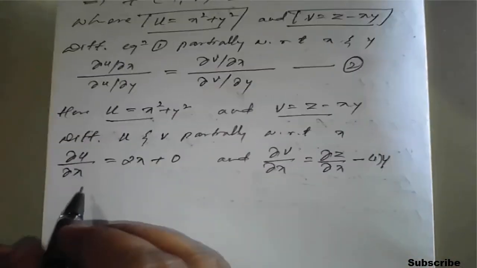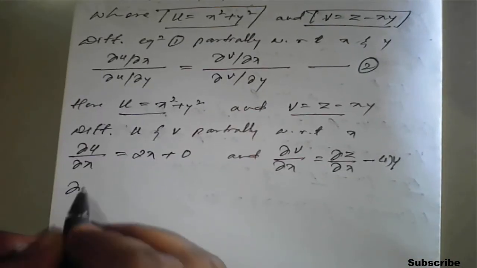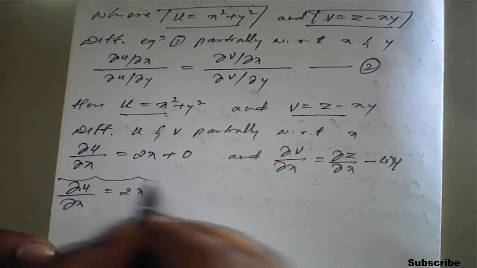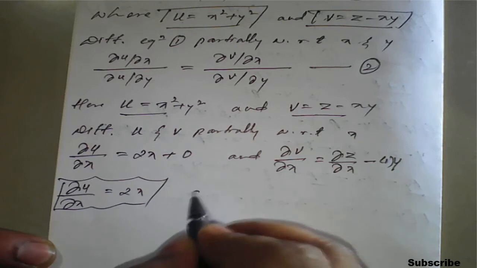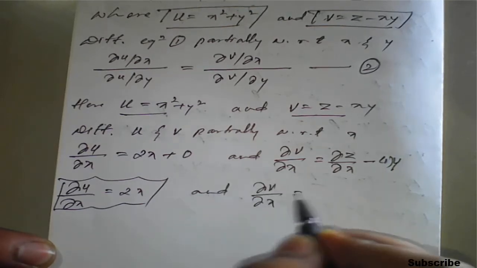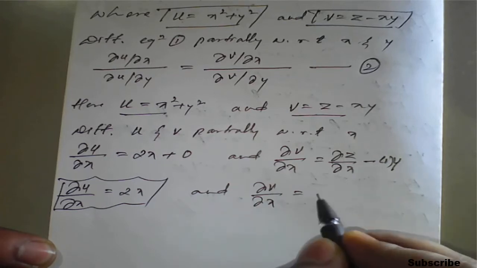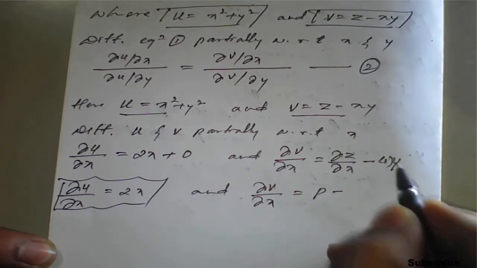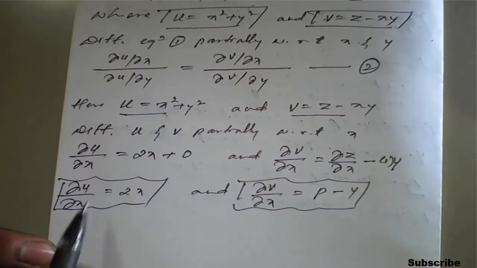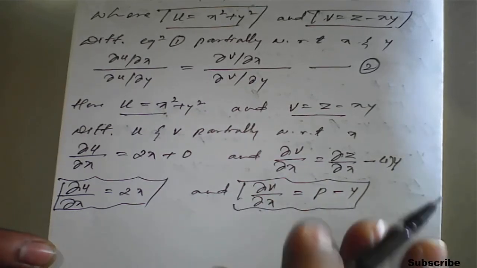So on simplification, dou u by dou x is equal to 2x, and dou v by dou x is equal to dou z by dou x, which is p, minus 1 into y, which is y. So this is the result for dou u by dou x and dou v by dou x.